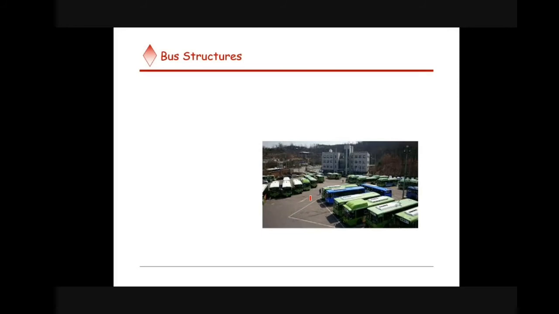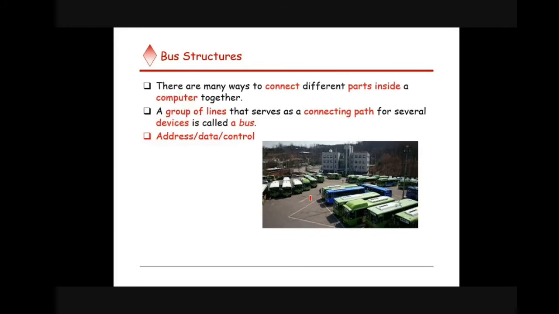These units should have a connection between them, and that connection happens through a bus structure. Just as a normal bus takes passengers from one place to another, when data is transferred from one functional unit to another through a set of wires, that wire structure is called a bus structure.